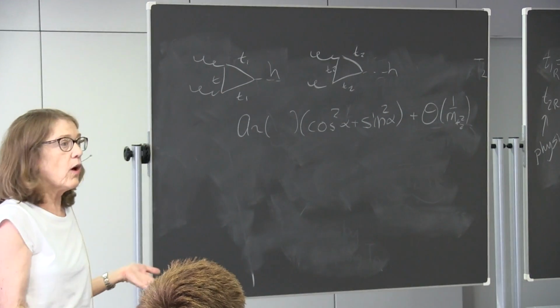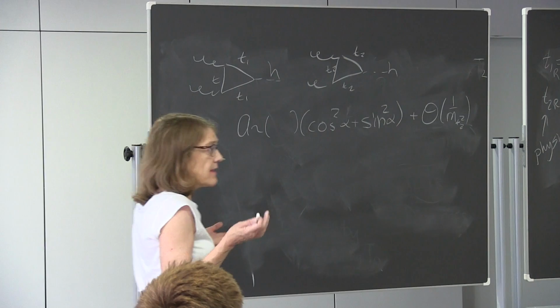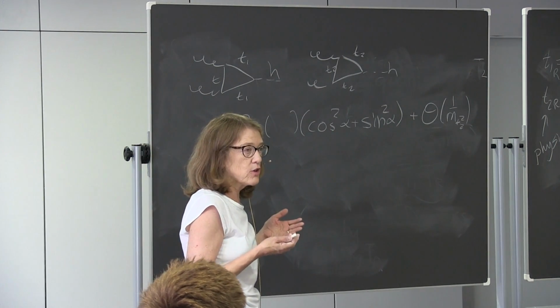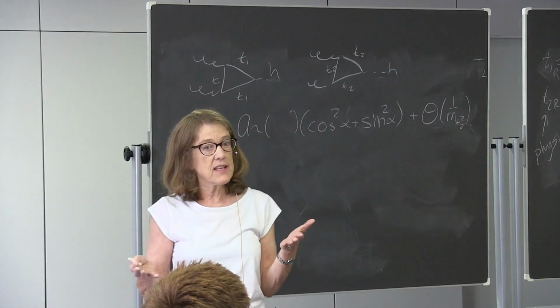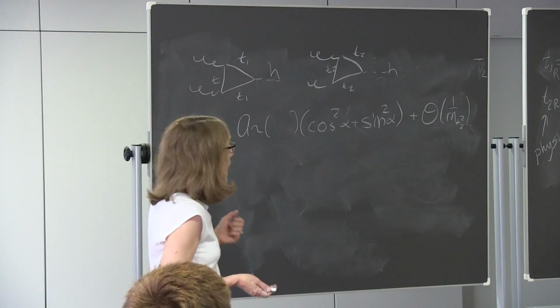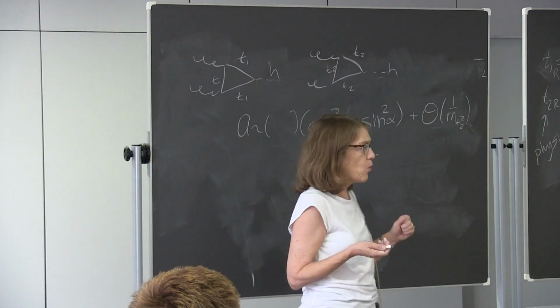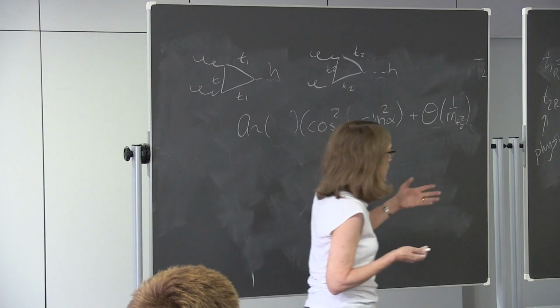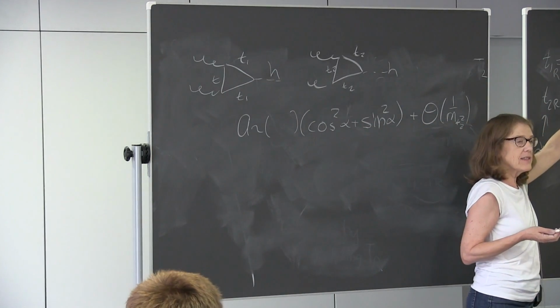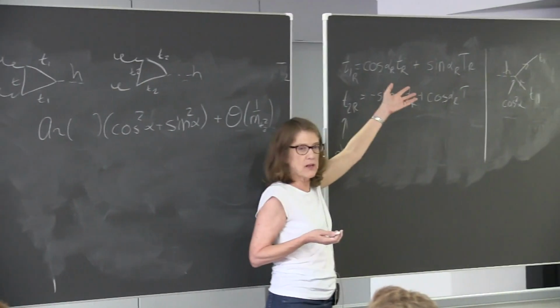Man, this is cool. This says that if I add this particular version of a vector-like quark, I essentially get the standard model Higgs rate. And in fact, it's even more general than that. Because what am I doing here? I'm diagonalizing my mass matrix with unitary matrices.